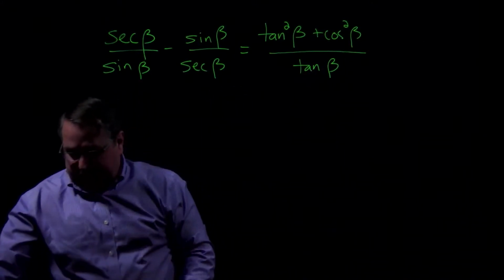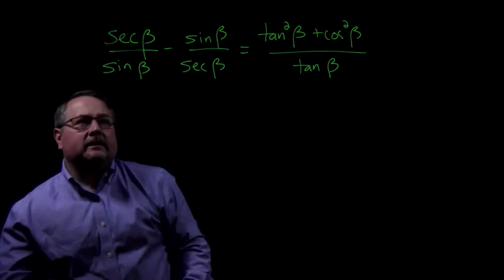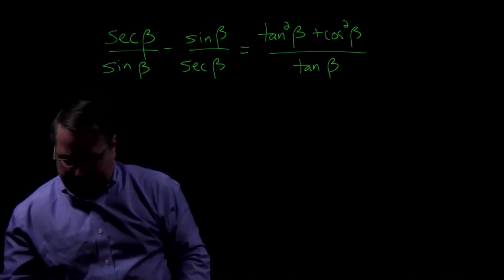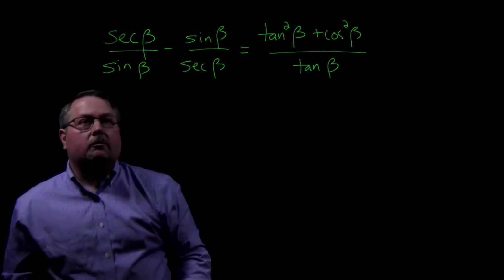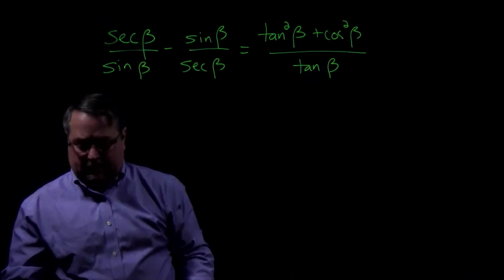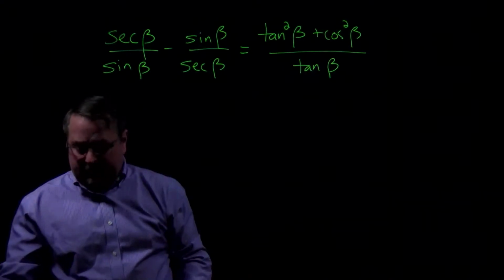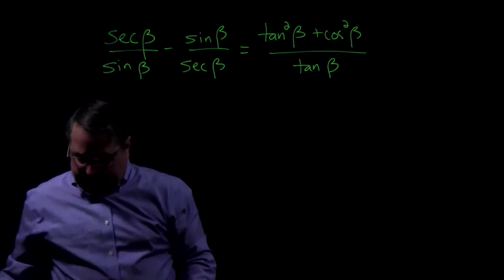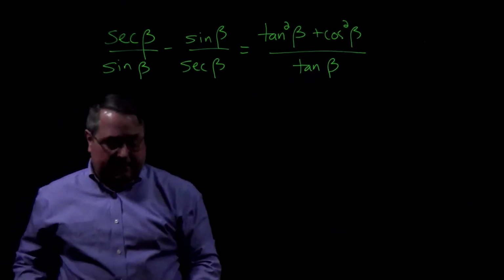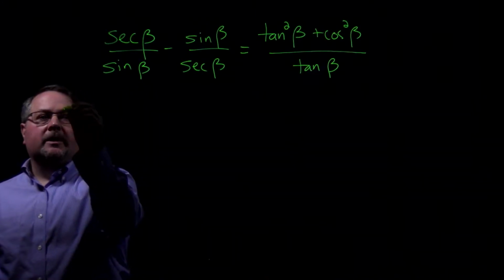Okay, so again, we're going to start with the left-hand side and show that it equals the right-hand side. Okay, so how are we going to do that to start? Well, we have two fractions that have different denominators. So in order to subtract them, we need to put them under common denominators.